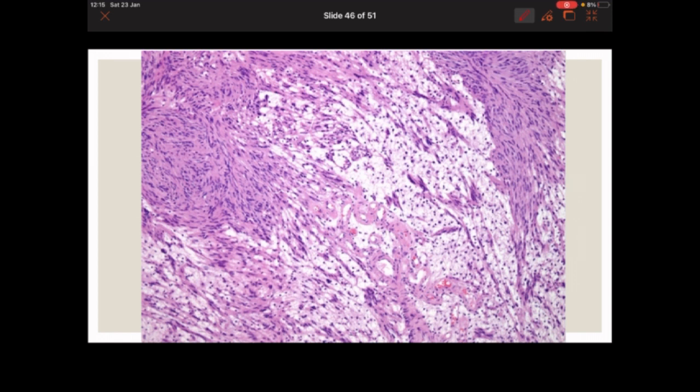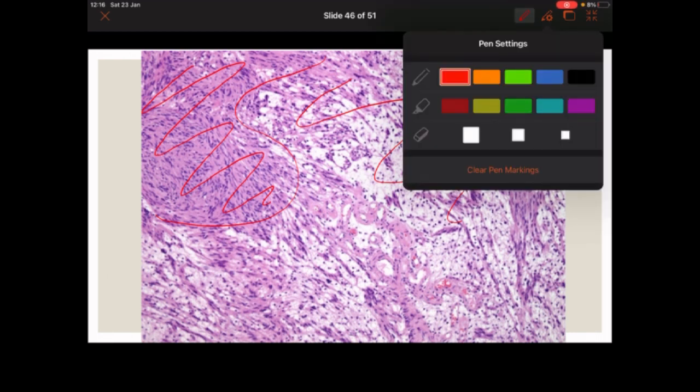Back to the histologic features of schwannoma: Antoni A is composed of a compact, hypercellular area, and there is also an Antoni B area, which is a hypocellular area.